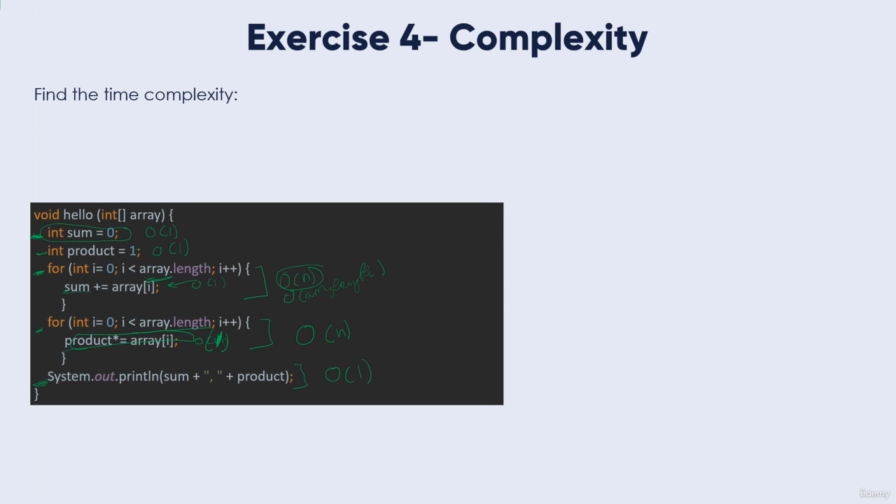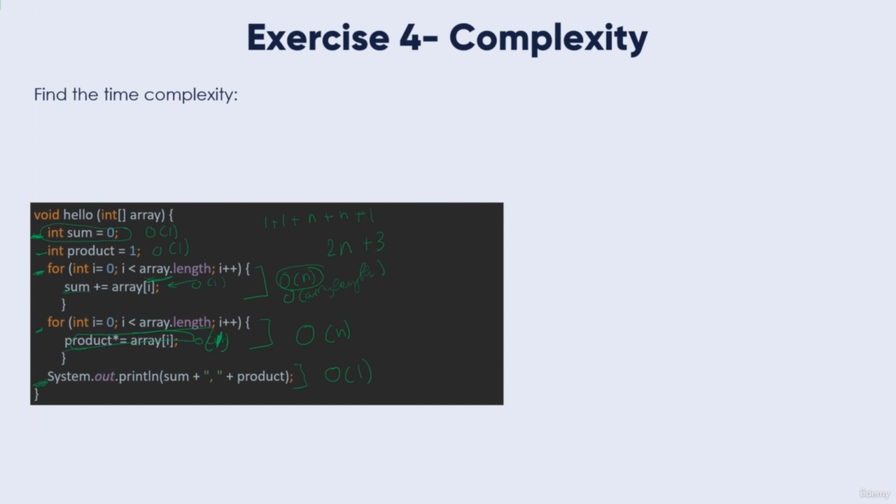Look at this method. We have O of 1, O of 1, O of n, O of n, and O of 1. What is the highest order of this equation? If we make the summation, 1 plus 1 plus n plus n plus 1, we have 2n plus 3.